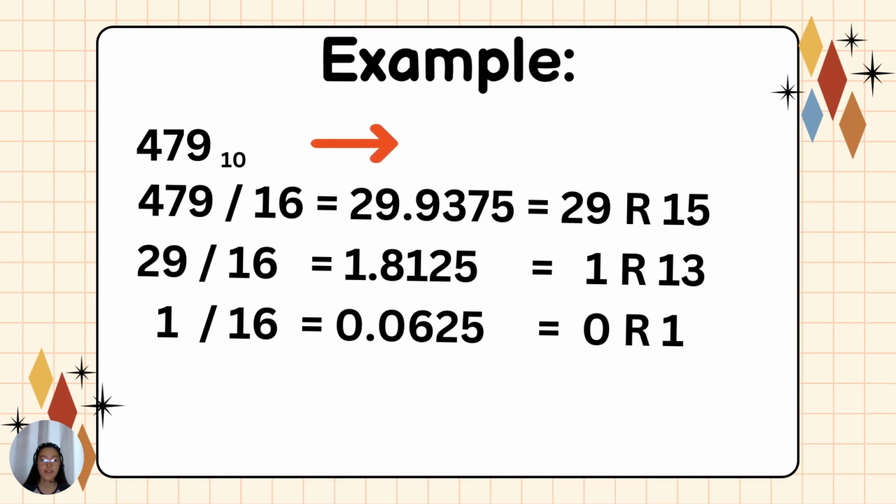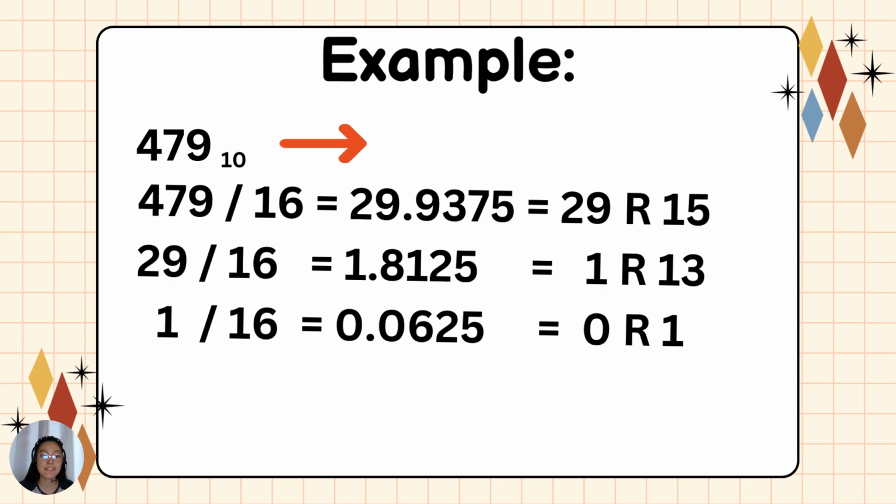So to find the hexadecimal of the 479 decimal number, we will do this process. 479 divided by 16 equals 29.9375. So we will first copy the whole number 29, and for the remainder we will multiply the decimal number, which is 0.9375, by 16.